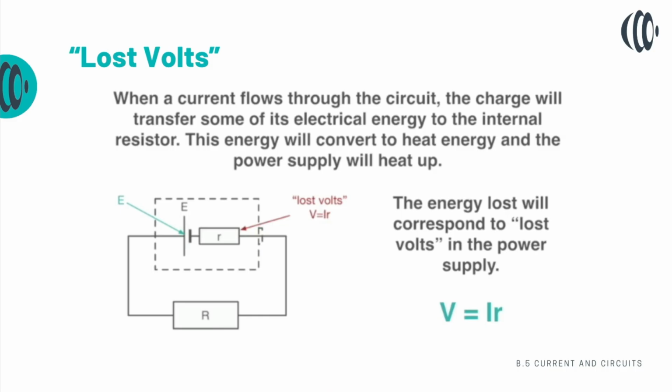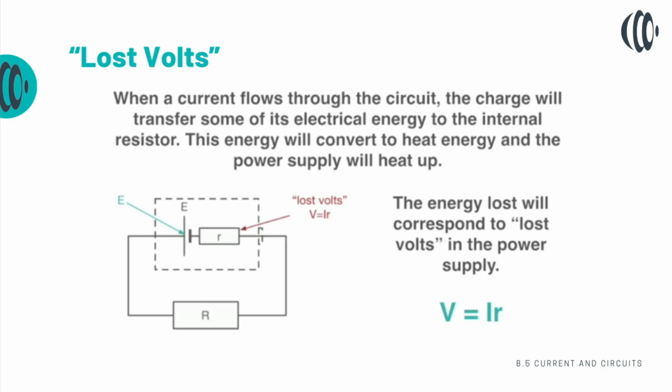Let's read through this. When a current flows through the circuit, the battery is producing energy and giving energy to the electrons. Those electrons are flowing through the circuit, through the external resistor, through the internal resistance and back to the cell where they pick up more energy.